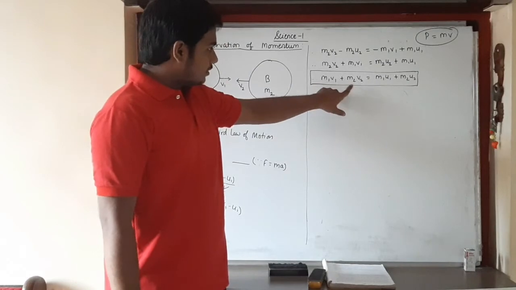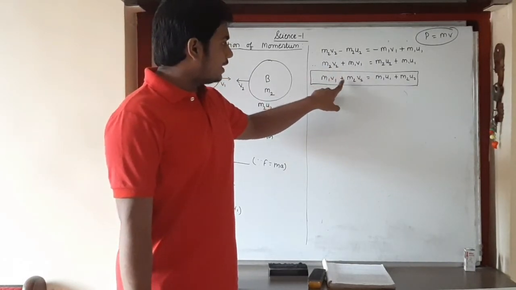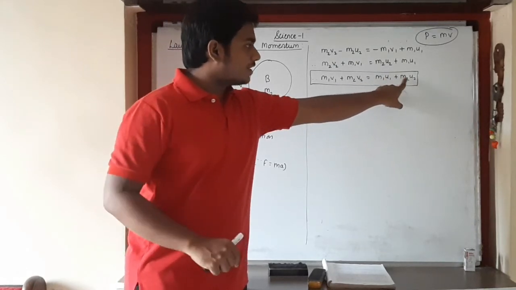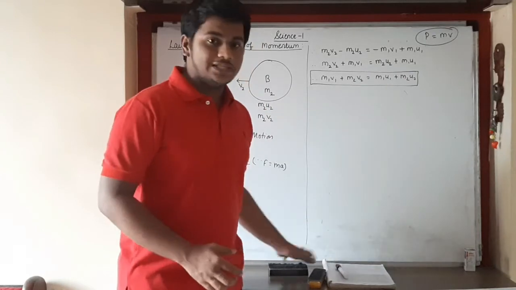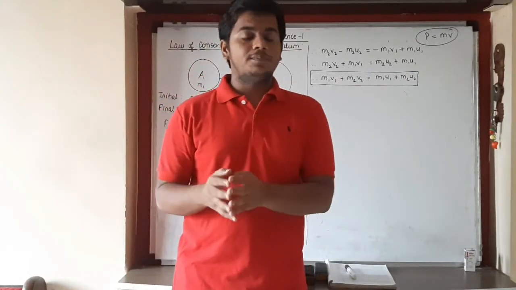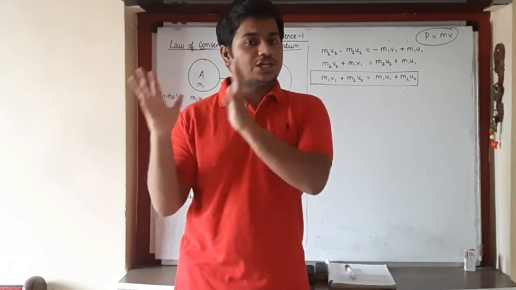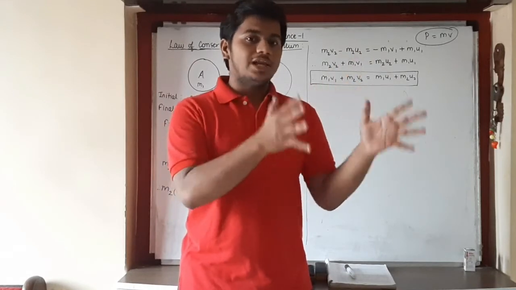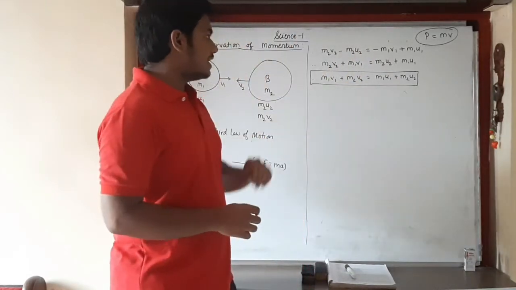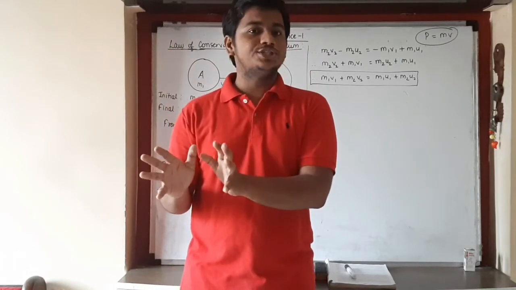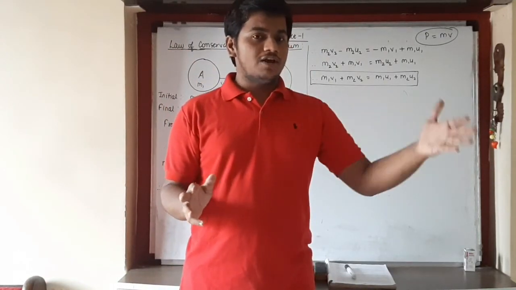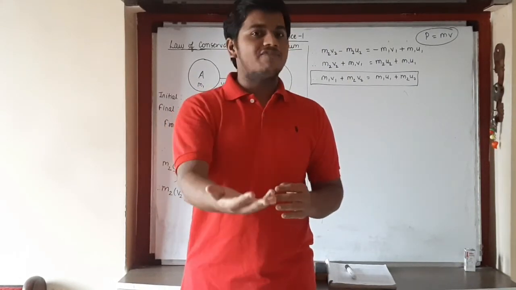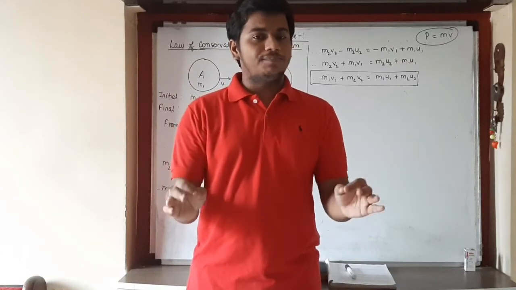It means the total initial momentum of both the objects is equal to the total final momentum of both the objects. What we can say here is, the total initial momentum is equal to the total final momentum, which means momentum before collision and after collision does not change, it remains same.